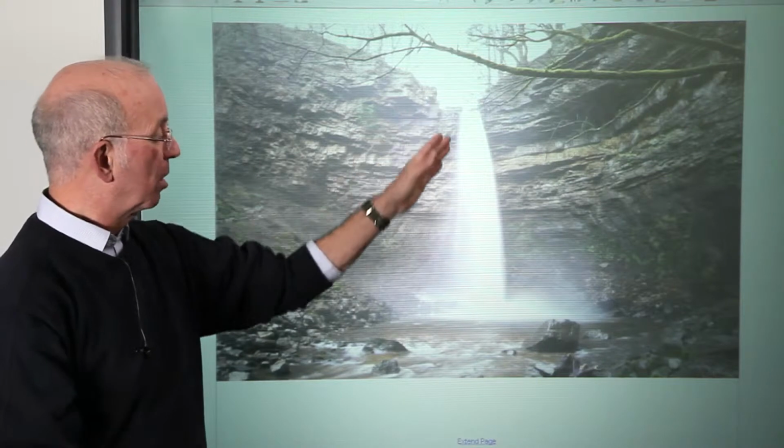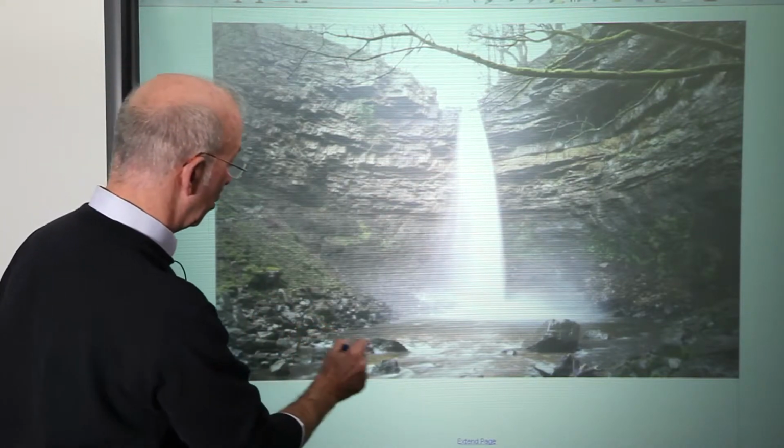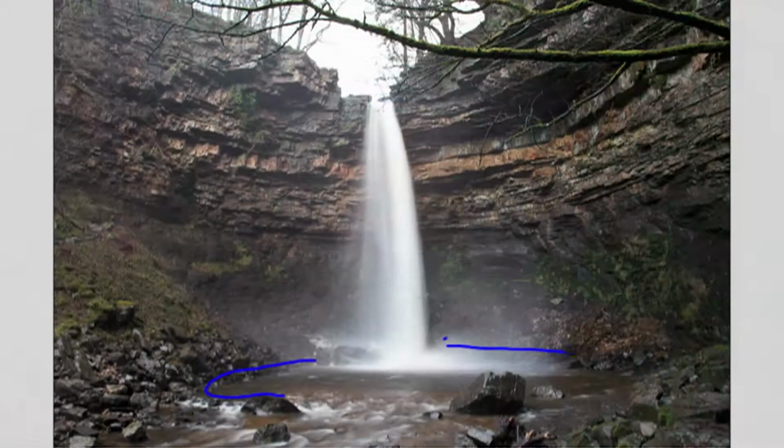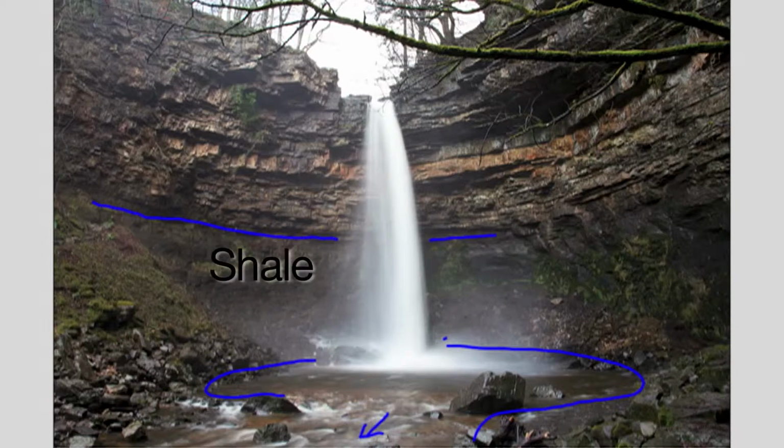You can see where the water comes over, it creates a huge plunge pool. Here it is here, coming around here, and it's actually flowing out towards us in that direction. What I'm going to do for you now is to show you the 3 different rock types. The first one is the shale, which runs around there.